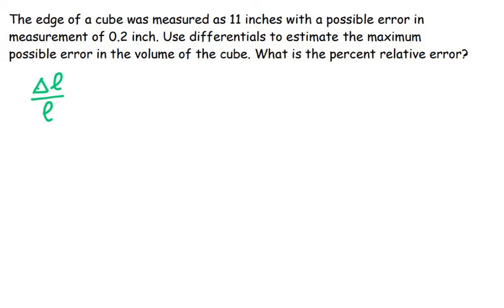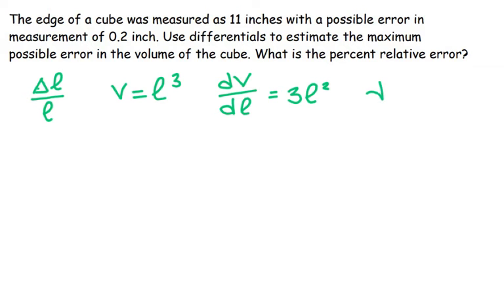Then I'm going to write the volume of the cube. So the volume of the cube is equal to L to the third, where L is the side of the cube. Then if I have dV over dL, I will get 3L squared.